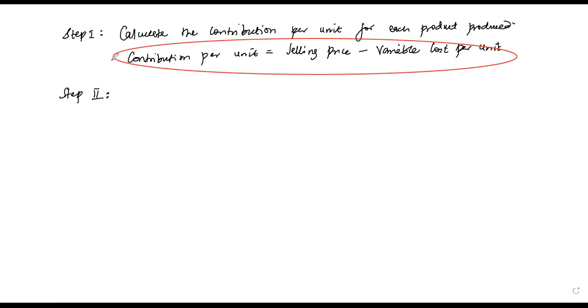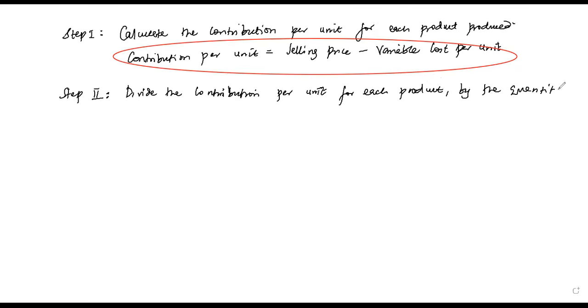In step two, we have to divide the contribution per unit for each product by the quantity of scarce resource required to make it.